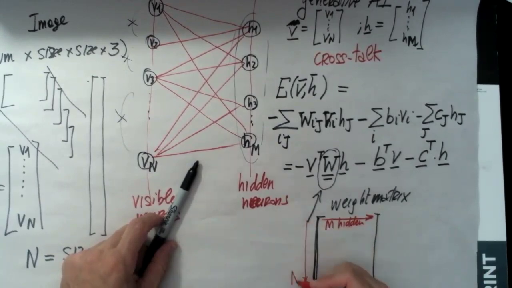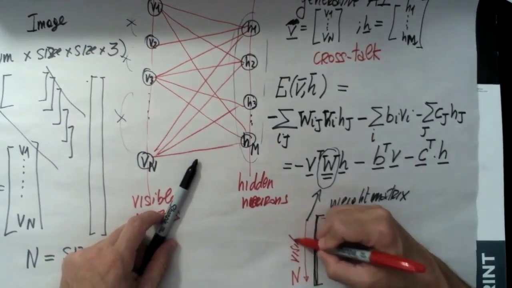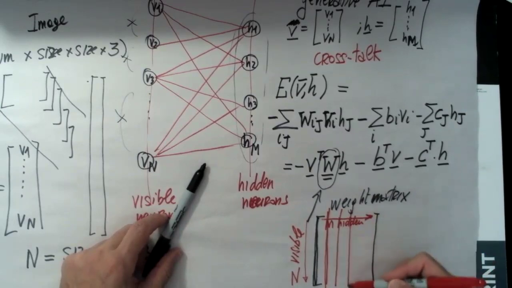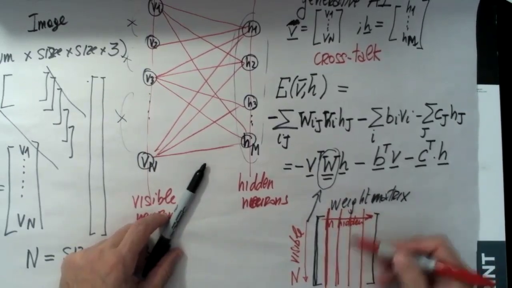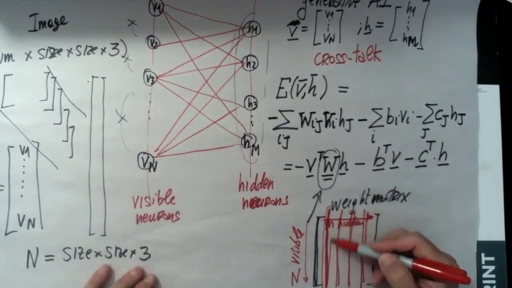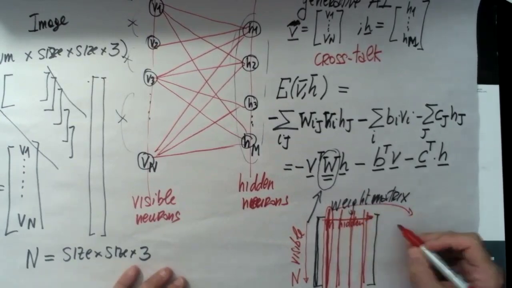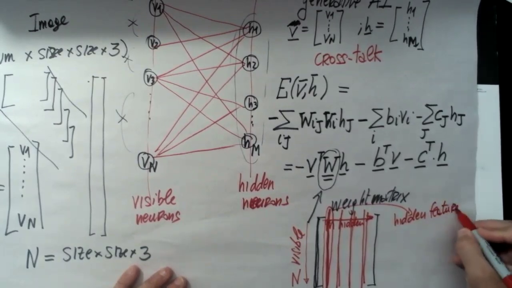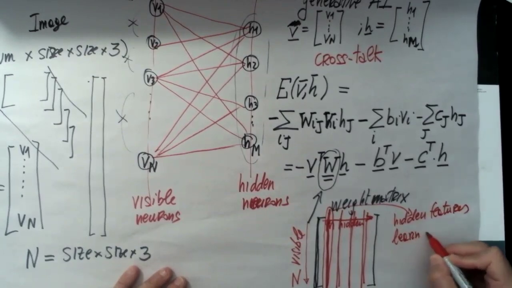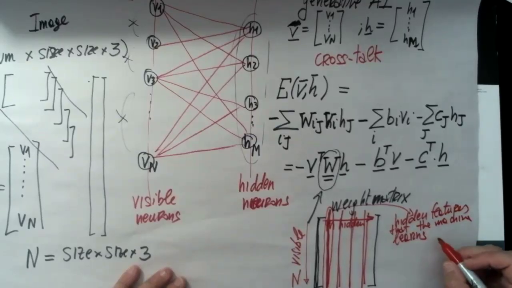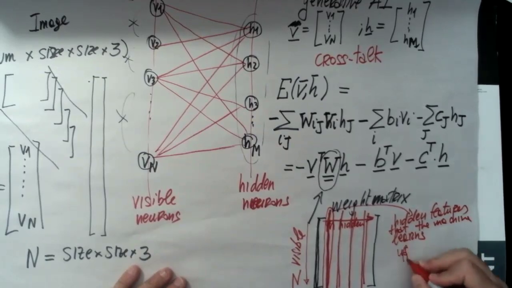The columns of this weight matrix have the same dimensions as the images and represent hidden features that the machine learns from training.